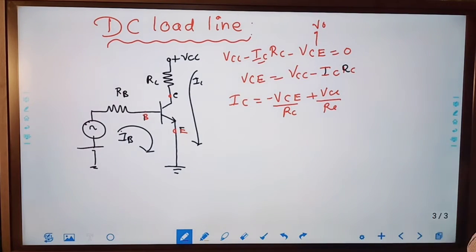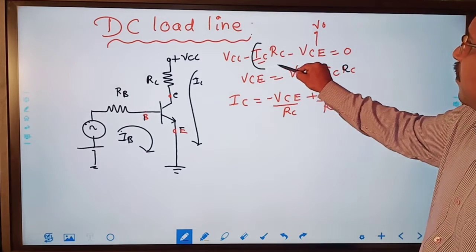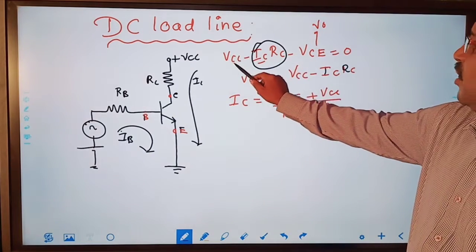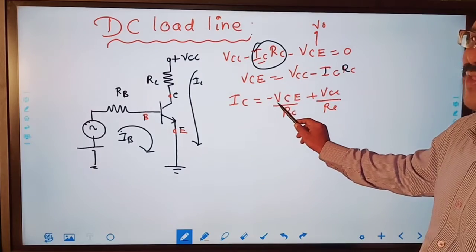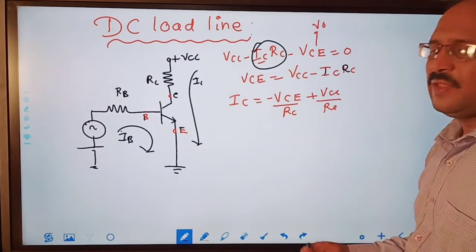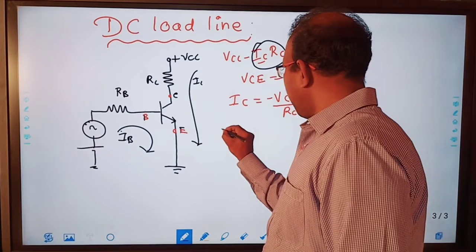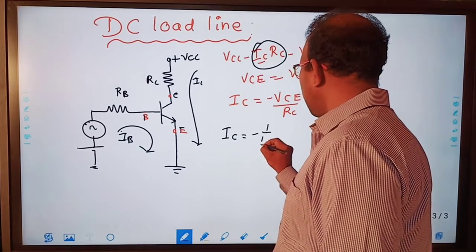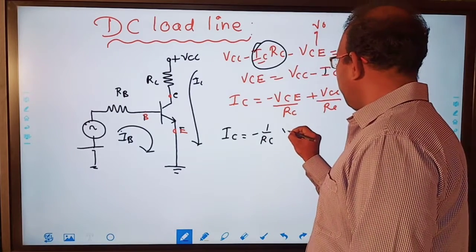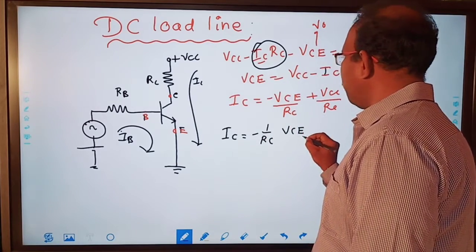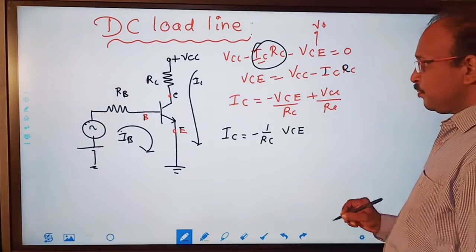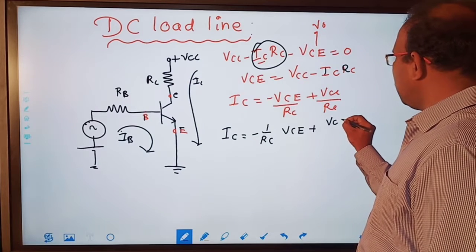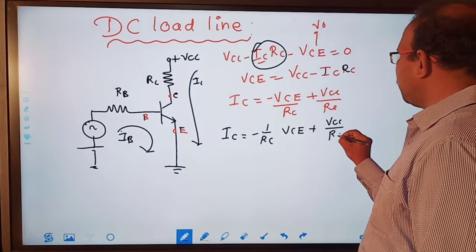Got it? If I want IC, if I take this to this side, here is VCC minus VC. I want to separate IC, so IC equals minus 1 by RC times VCE, which is the output, plus VCC by RC, which is constant.